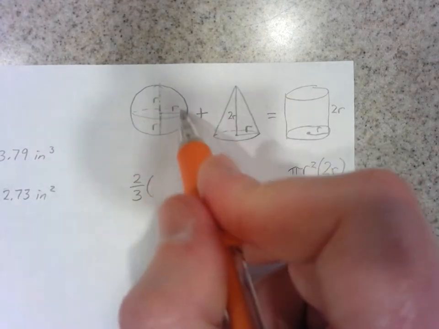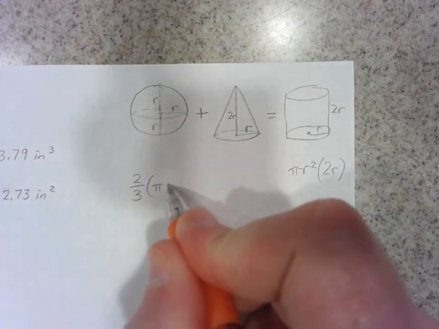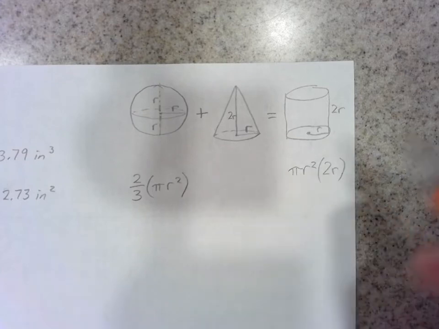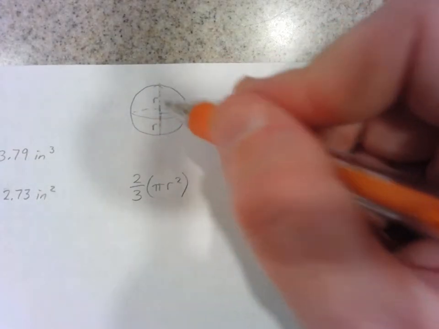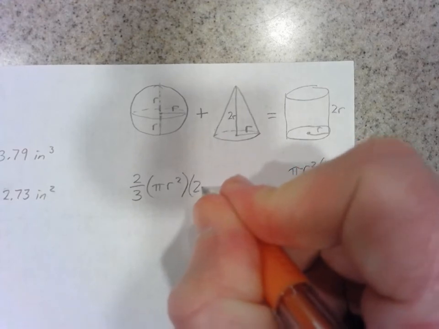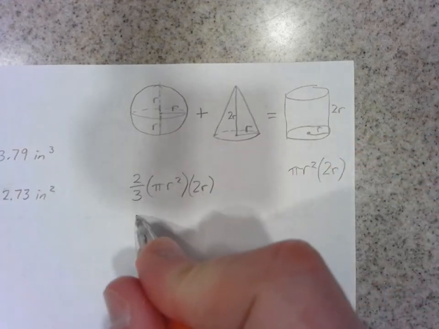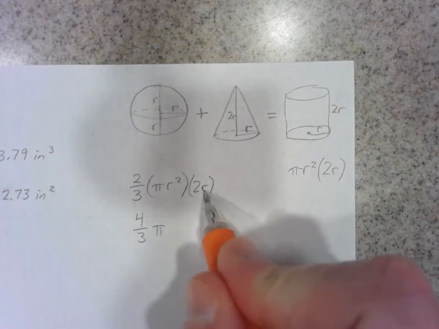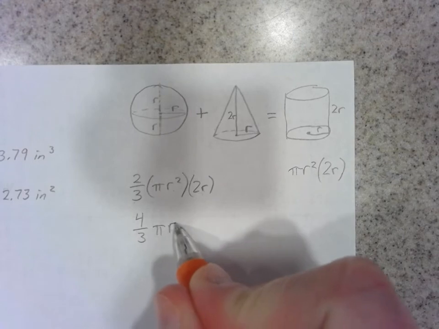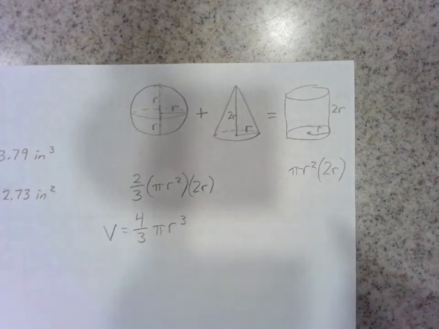So if you think of the hemisphere, the circle that's formed there in the middle, pi times radius squared, times the height, so the radius plus radius is 2 times the radius. 2 times 2/3 is 4/3. Radius squared times radius is radius to the 3rd power. And that's where the volume formula comes from.